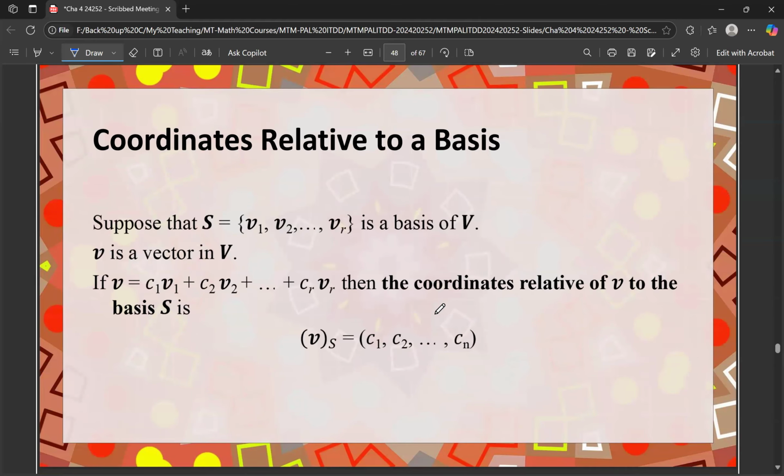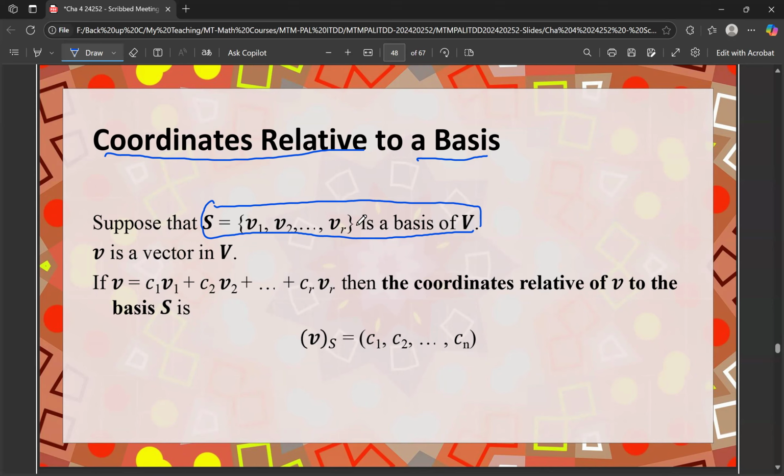Now we want to go to a new concept: coordinates relative to a basis. We assume that a set of vectors is a basis.